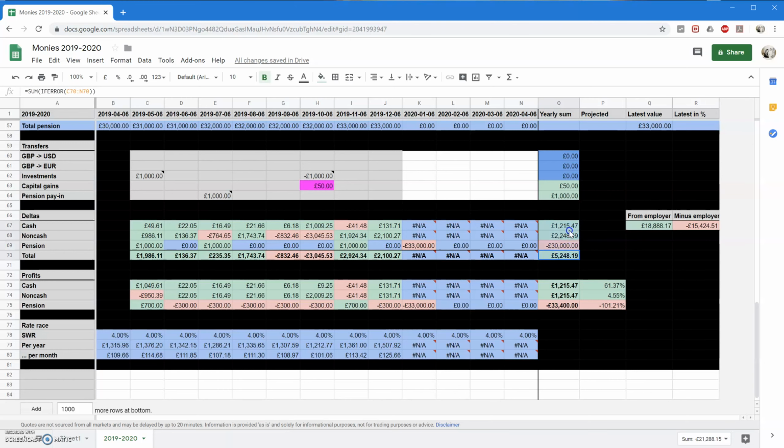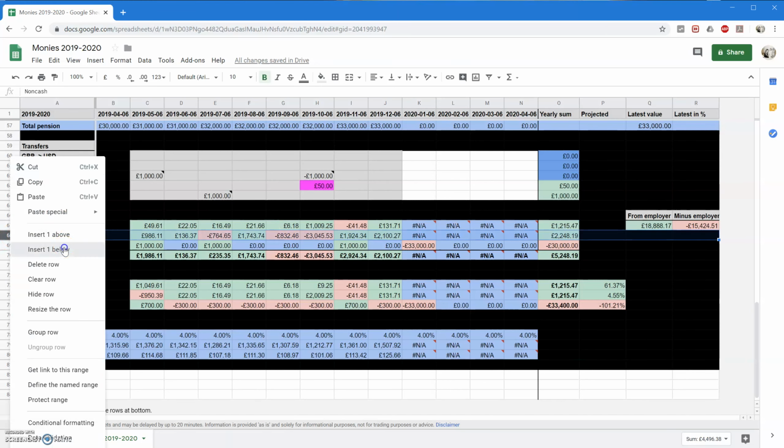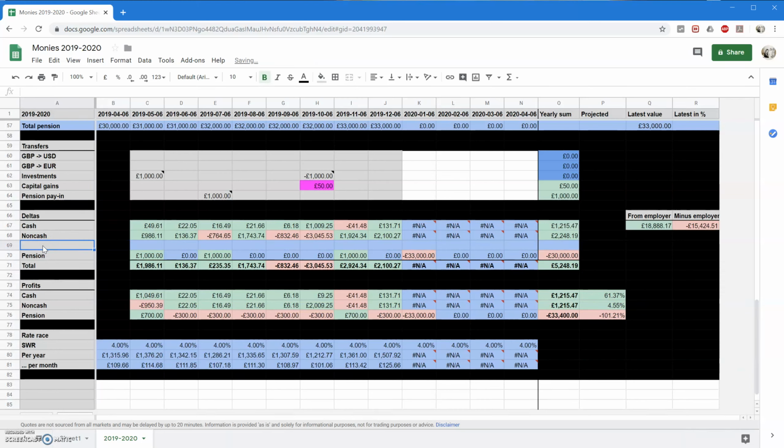I actually made a profit of, let's make it clear. Total non-pension.